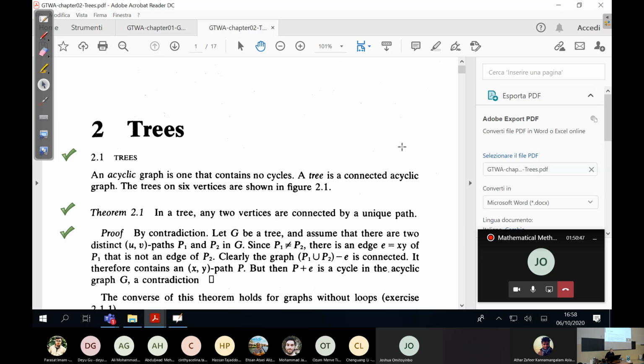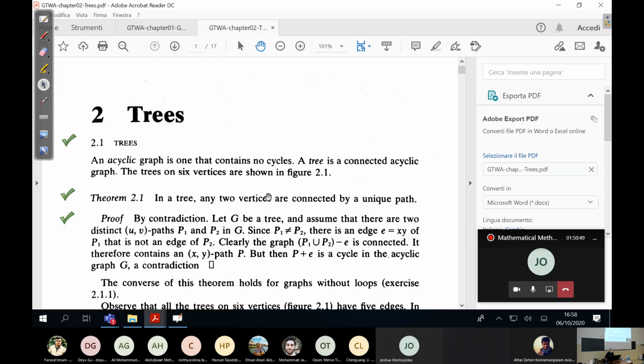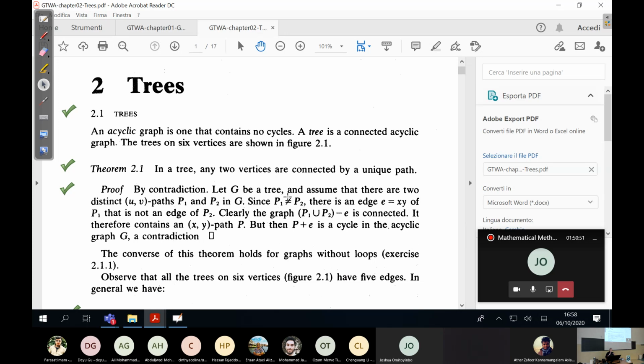All right. Now, trees. Trees are important by themselves. There are some classes of graphs which are important because you find them quite often in applications. One is bipartite graphs. Why?